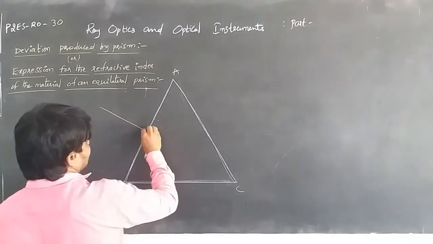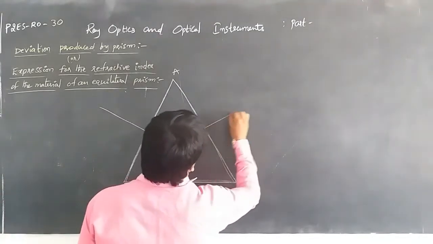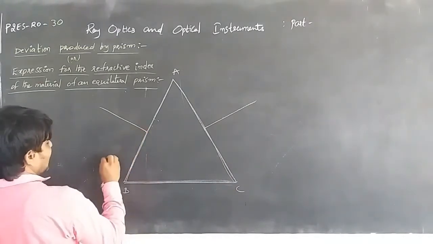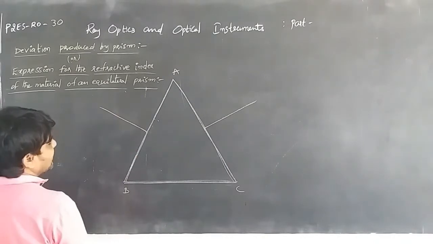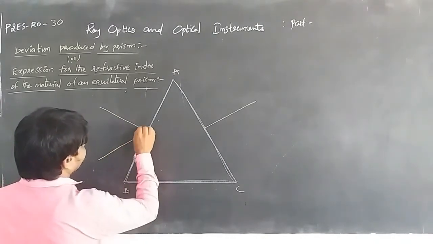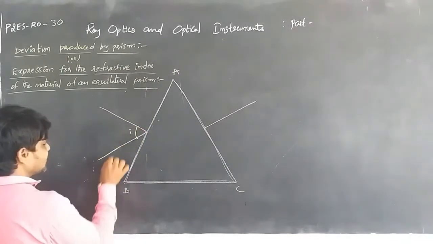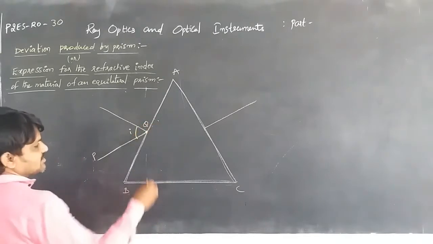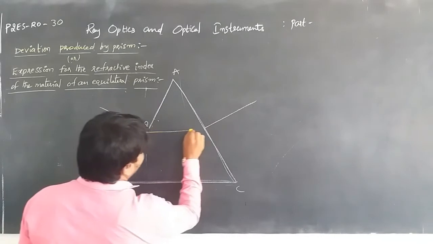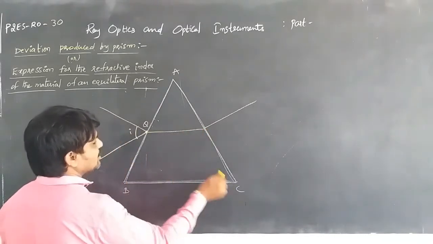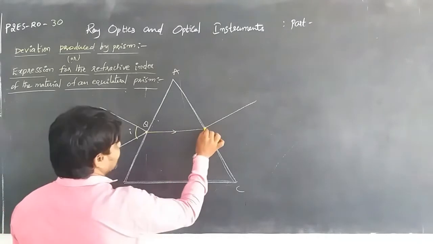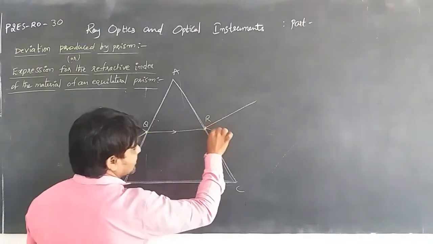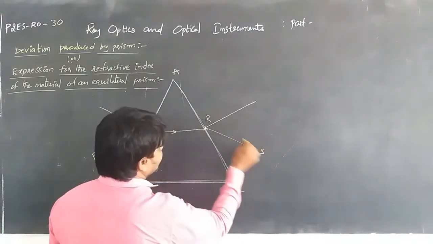This is the normal to one refracting surface, and this is the normal to the other refracting surface. Light is incident on one refracting surface with angle of incidence I. The ray PQ is incident at point Q, it is refracted through the prism parallel to the base, and it emerges from the second refracting surface along the direction RS with emergent angle E.